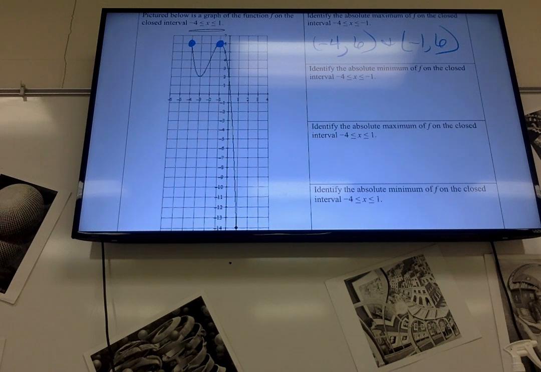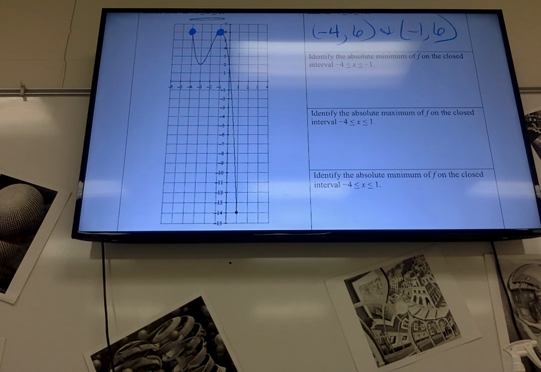Same thing. Now we're doing absolute minimum. So what's that? 1, 14. Is it asking the same thing? Yes, and the answers here are, did it mean to say like relative?